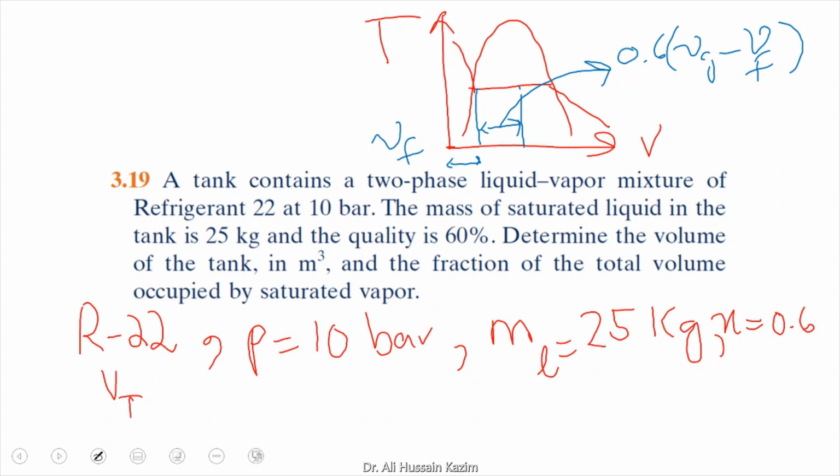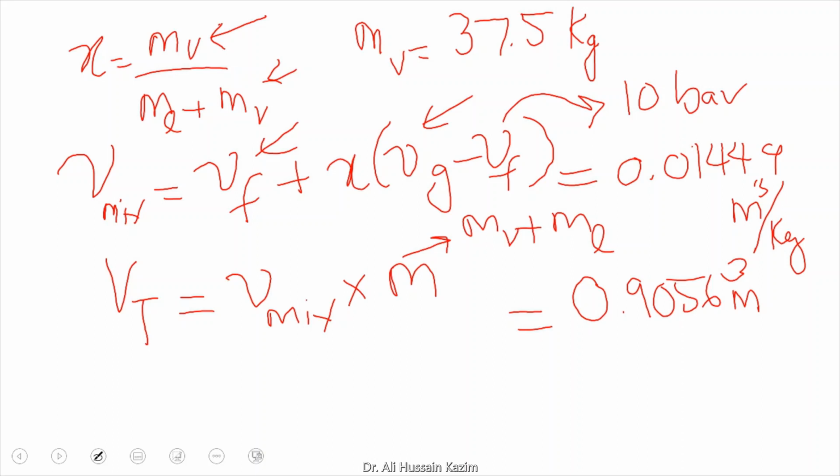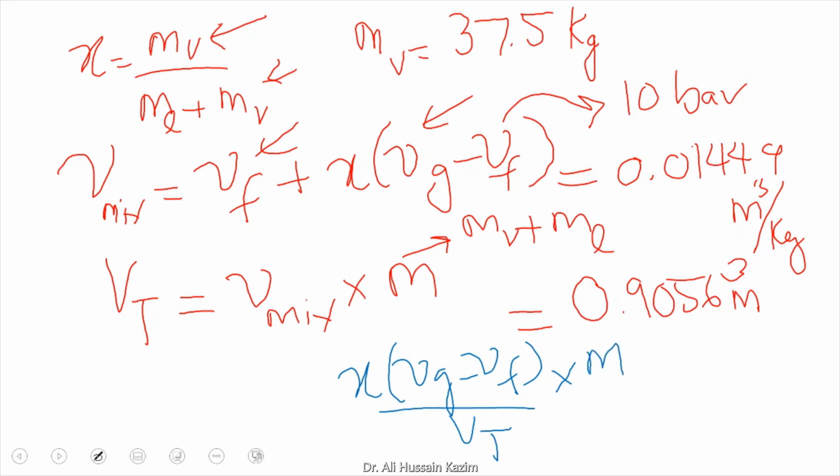So the fraction of the volume occupied by water vapor is x into Vg minus Vf, multiplied by the mass of vapor to get volume, divided by V total. The fraction is 0.57.